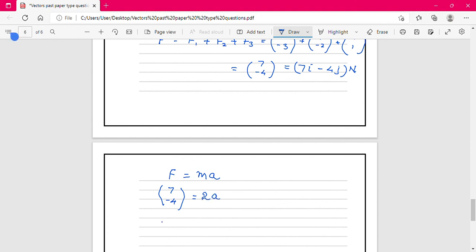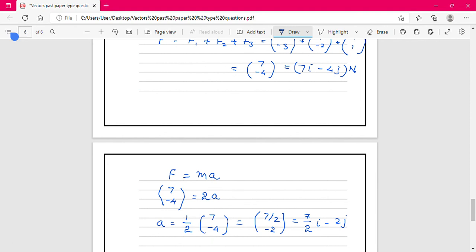So a will be, taking 2 to the other side, (7, -4) multiplied by a half in each component. So 7 upon 2 and minus 4 upon 2, that is negative 2. That means the acceleration of the particle will be 7/2 i minus 2j.